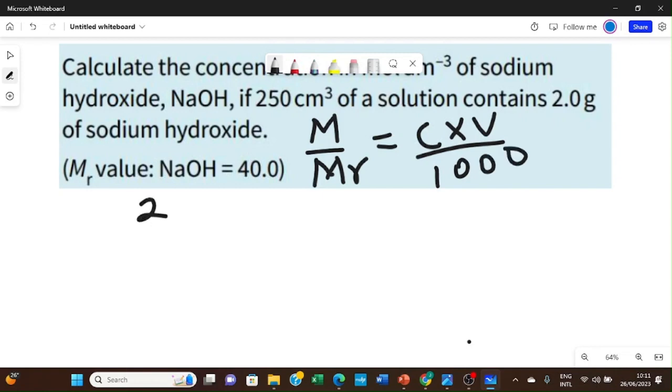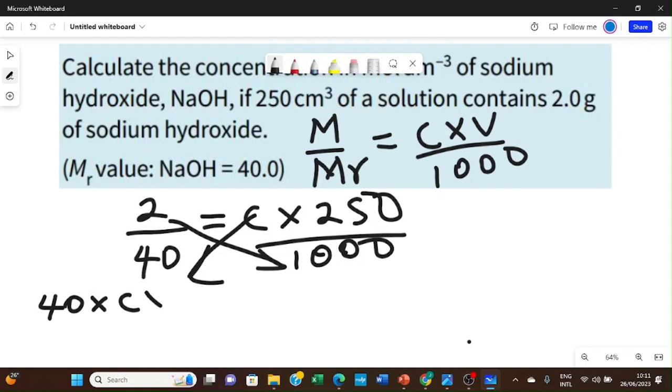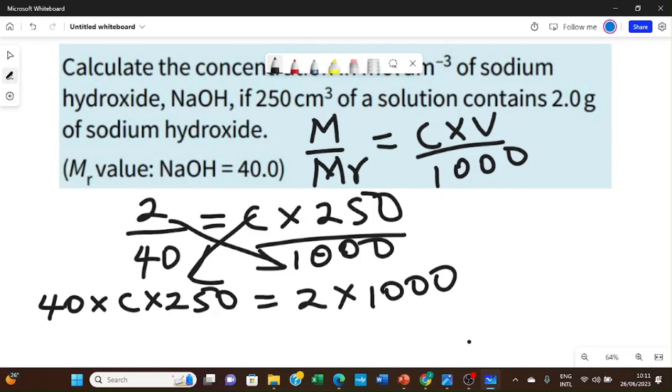Mass is 2 over the molar mass 40 is equal to the concentration times 250, which is the volume, over 1000. So you cross multiply. So what you have here is 40 times C times 250 is equal to 2 times 1000. This is very short. So let me just use my calculator.